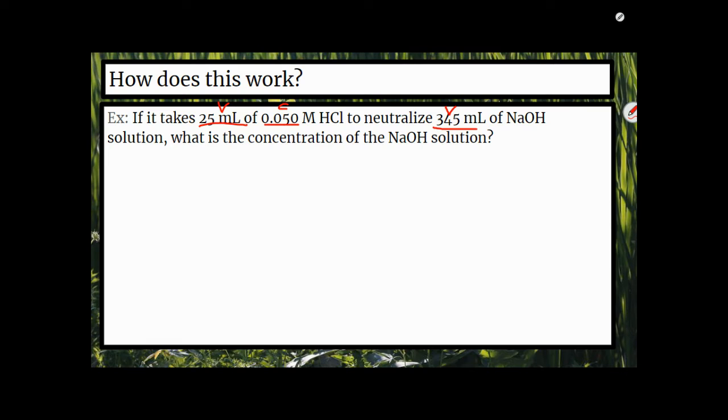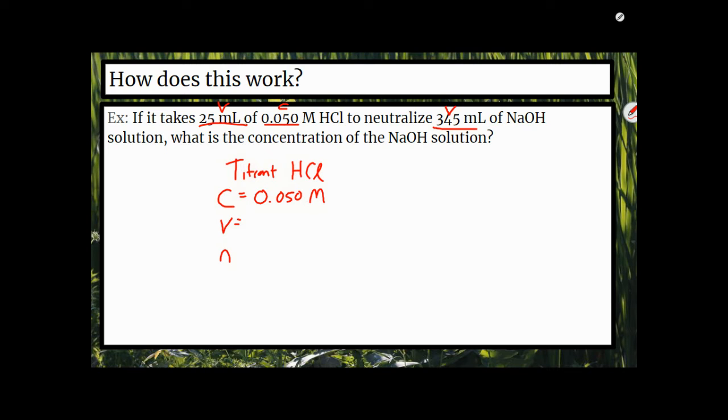Well, since I know the concentration of my hydrochloric acid, that is going to be my titrant. So my titrant is HCl, and I know a concentration, a volume, and we can get from that the number of moles. So for concentration, I got 0.050, big capital M for moles per liter.